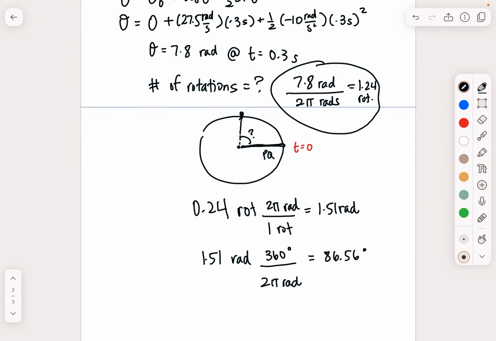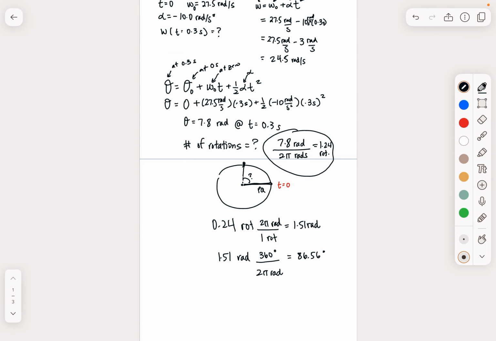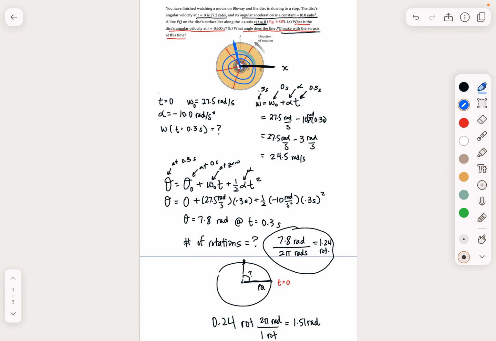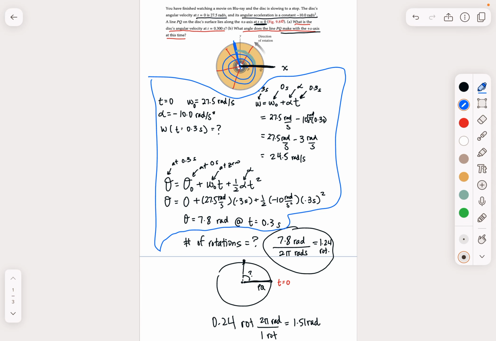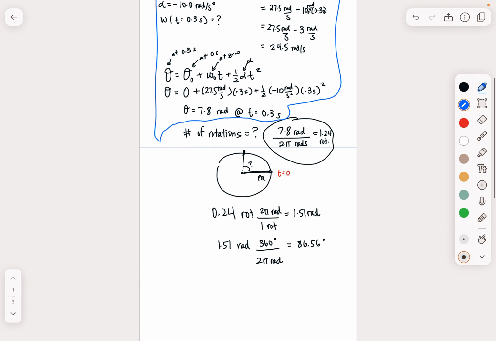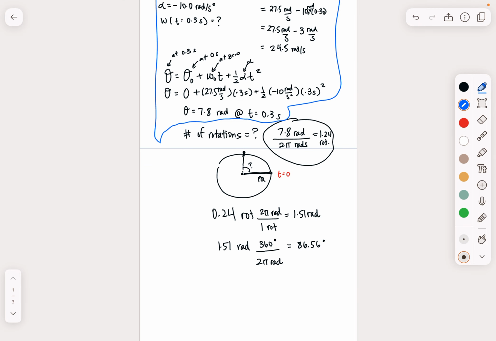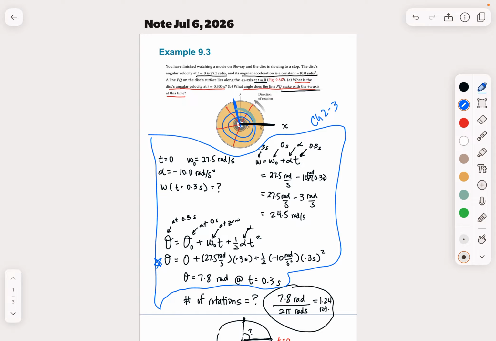So, we've talked about a lot in this example here. Not only did we need our kinematics, this was all kinematics, right? This was all chapter 2, 3 stuff, kinematics with new terminology. What's slightly newish is being very comfortable with angular units and correctly interpreting what the theta equation is giving you versus what the question is actually asking, okay?